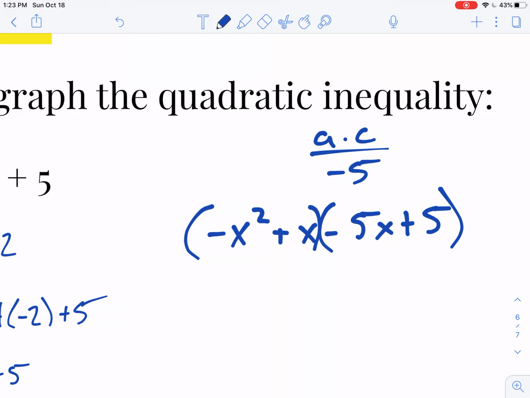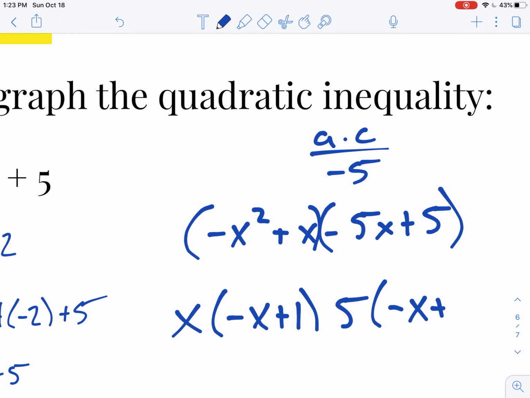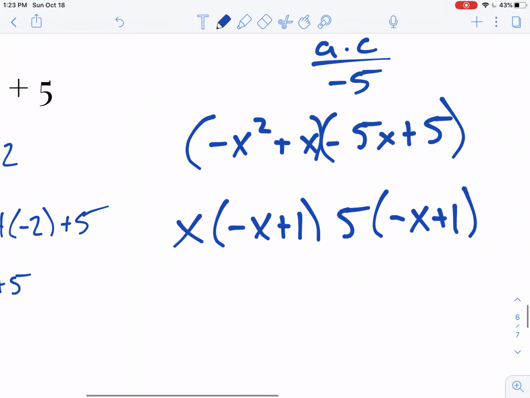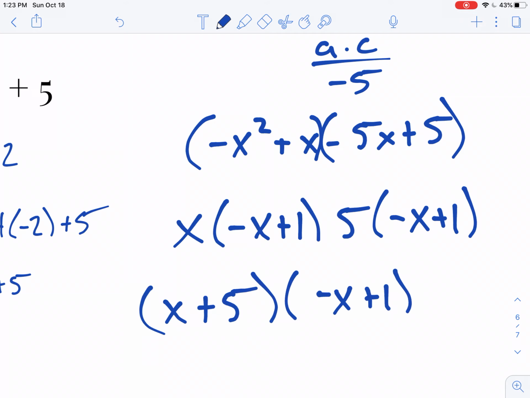In this case, I can take out an x and get negative x plus 1. Over here, I can take out a 5 and get negative x plus 1. So now I've got x plus 5 times negative x plus 1 as my factors.